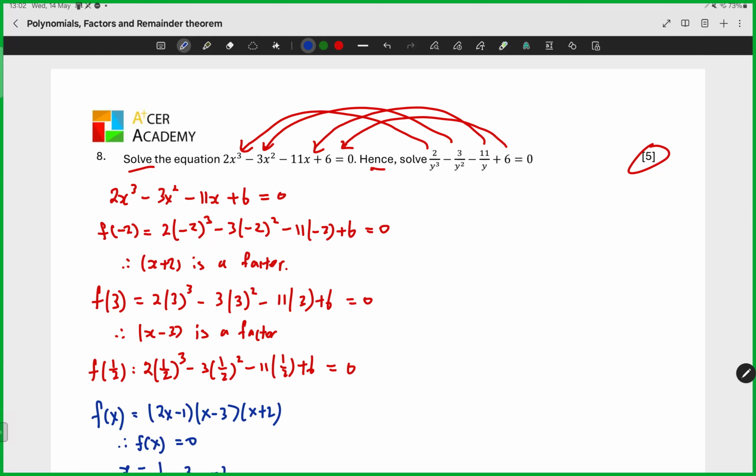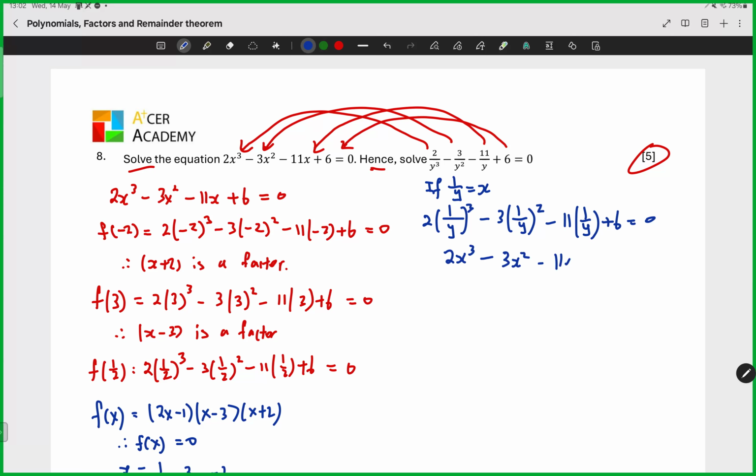over y. If 1 over y equals x, then 2 over y cubed minus 3 over y squared, sorry, let me rewrite, minus 11 over y plus 6 equals 0 will transform into 2x cubed minus 3x squared minus 11x plus 6 equals 0.